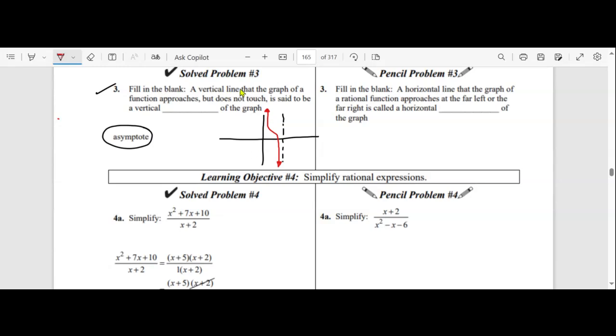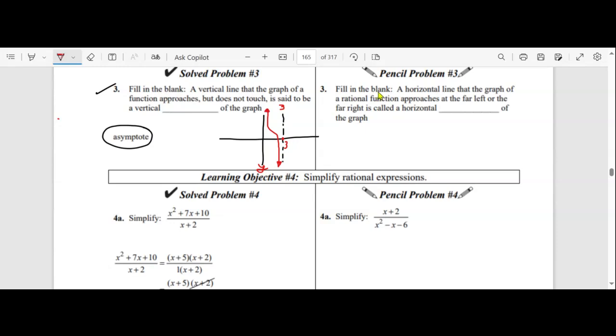That's a vertical line that the graph of a function approaches but does not touch, said to be a vertical asymptote. So this line, what is this? This is the y-axis, right? Yes, and this is, for example, 3. So it doesn't touch the y-axis and it doesn't touch the 3 because x here is 3. So that line is an asymptote to 3, an asymptote to y.